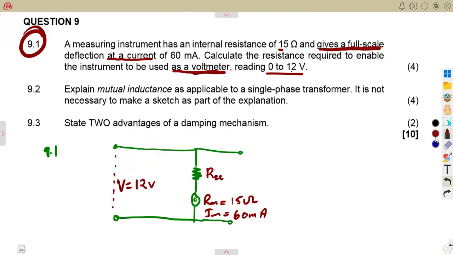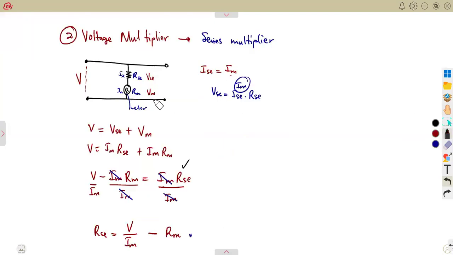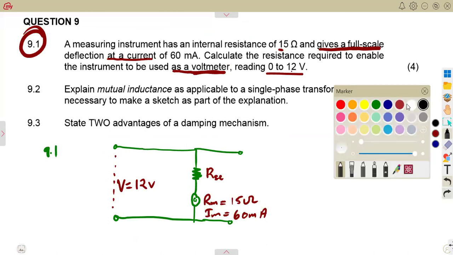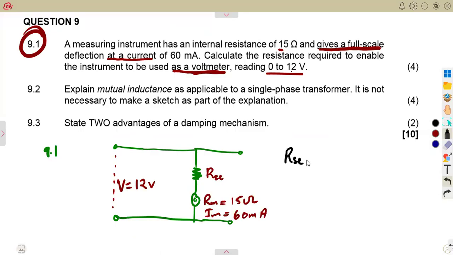So the question is asking us to calculate that resistance. I'm not going to talk about these formulas; we manipulated our formula. The series resistance is given by V over I_M, minus the resistance of the meter.